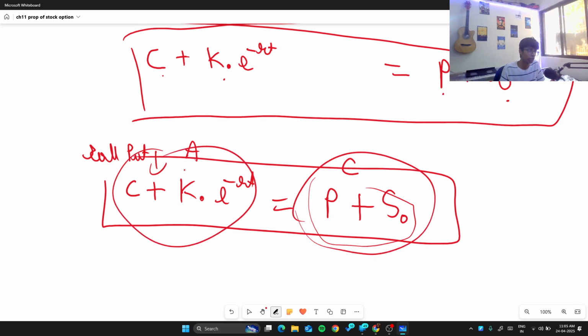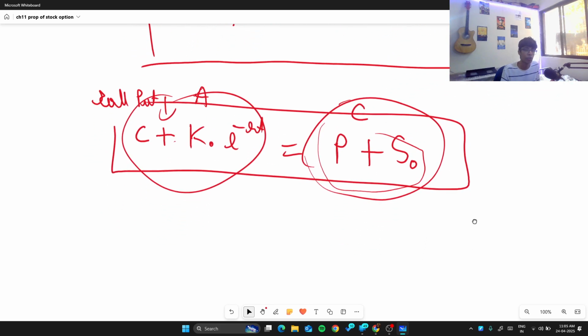If it is the other way, they will short this, buy this, and so on. So you get the idea, and that's simply how it is. I tried to explain it in a simple way, and I hope you understand it.